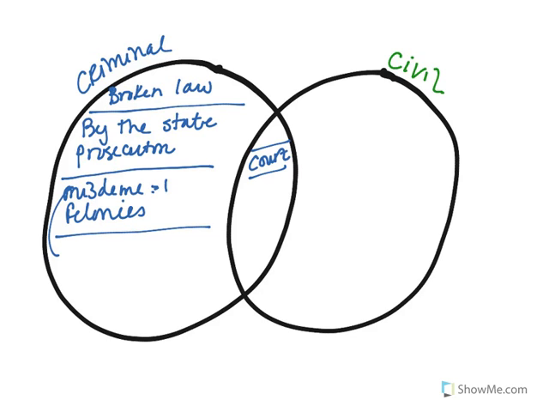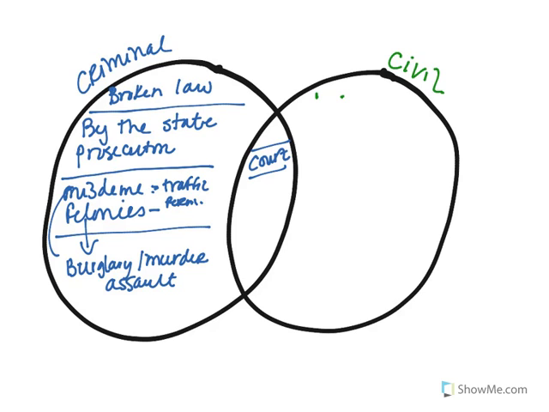A misdemeanor can be a traffic violation, or a felony can be something as serious as burglary or murder or assault. If it is a felony, it stays on your permanent record, which we'll talk more about in the next slide. I almost forgot.